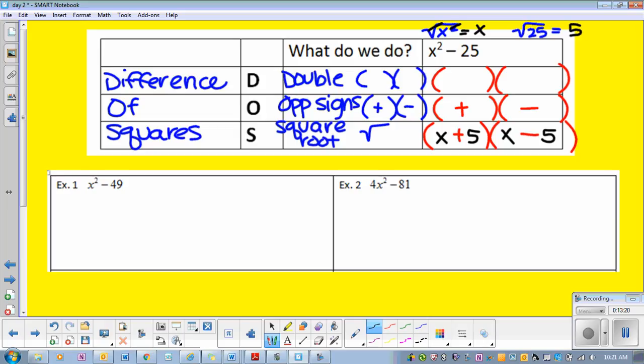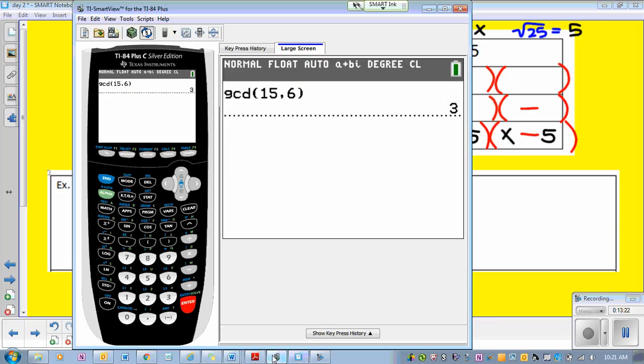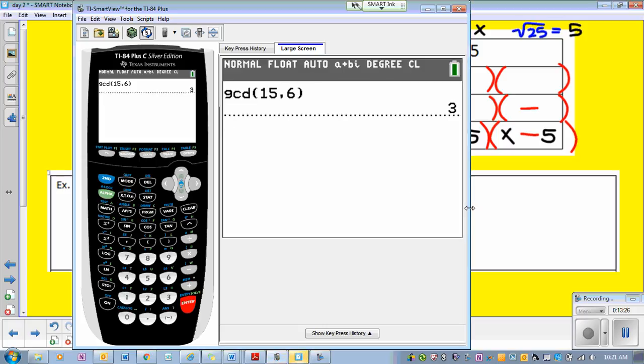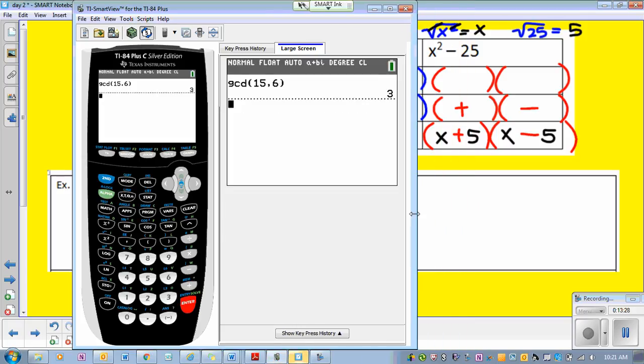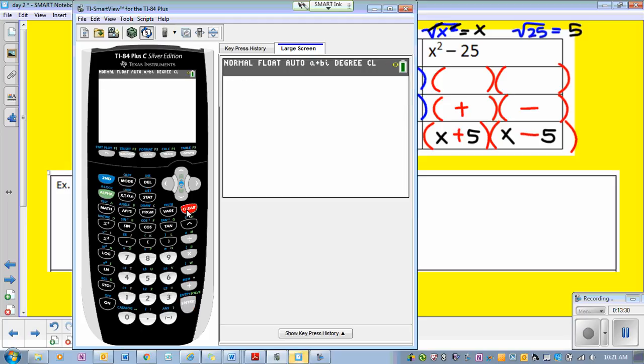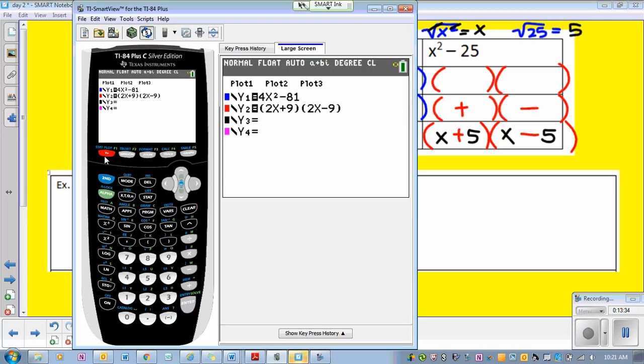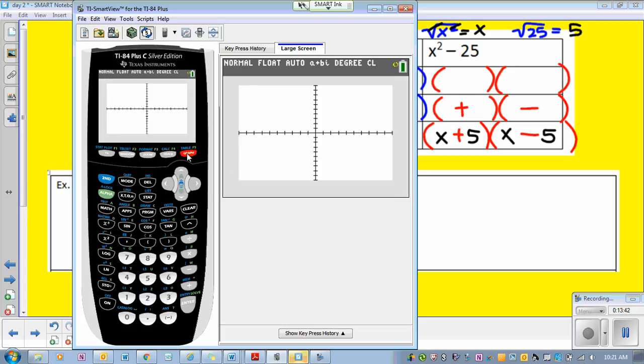Here's another trick for you, in order to check this to make sure that I did this right. And you can always do this when you factor. Go into y equals. I'm going to put in x squared minus 25 and graph it. I don't care about, oh, where's the vertex?